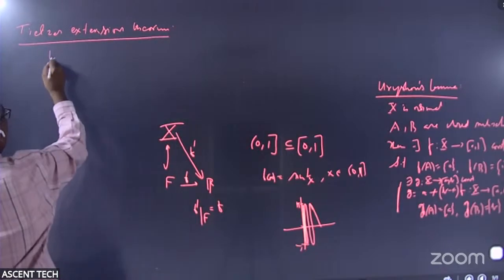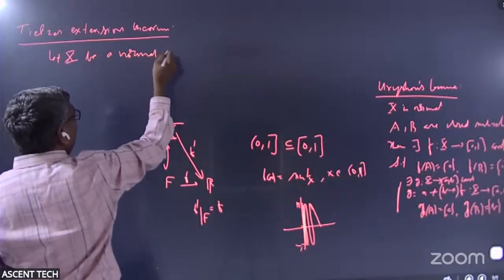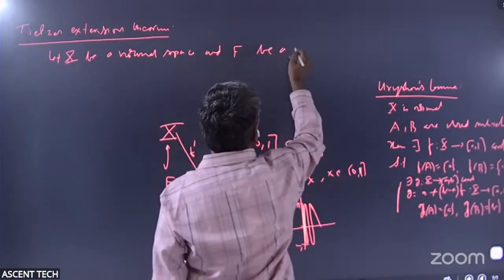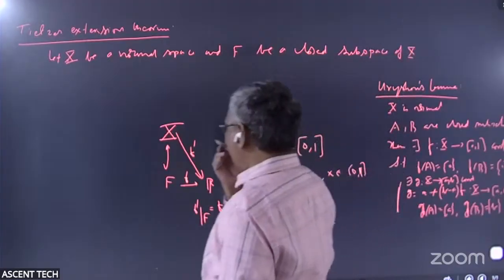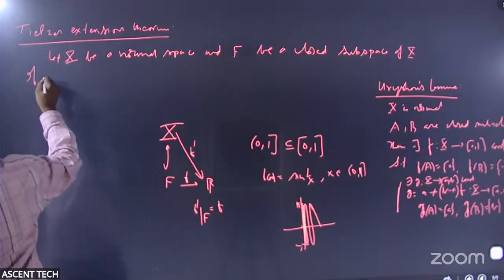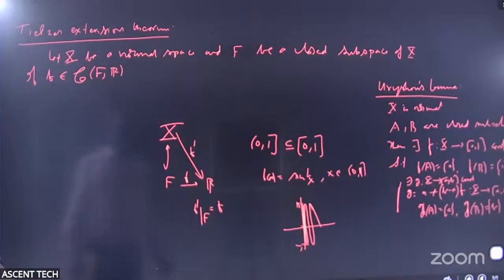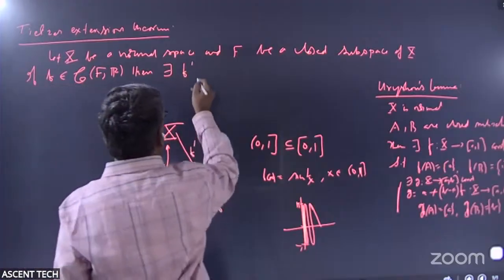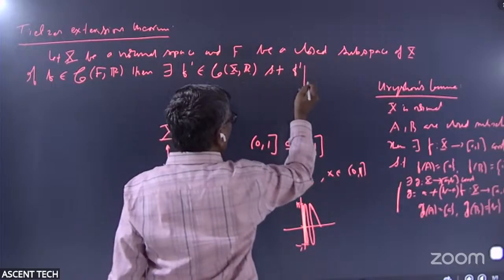It says the following: let X be a normal space, and capital F be a closed subspace of X. If f is a continuous function from F to R, then there exists a continuous function f dash from X to R such that f dash restricted to F is f.